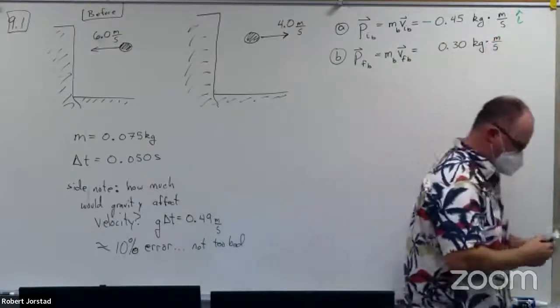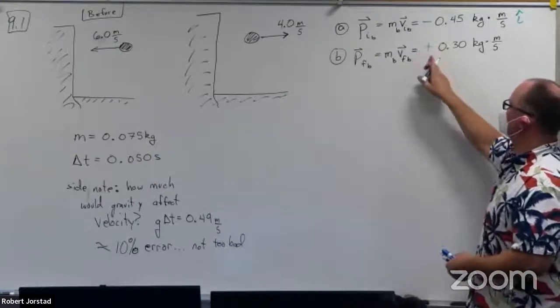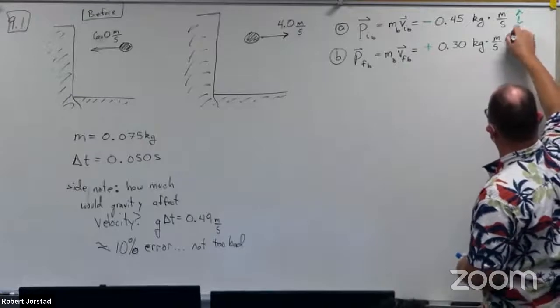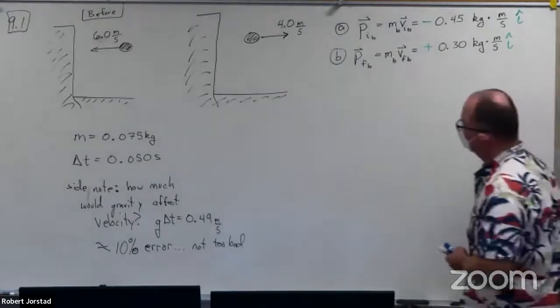What direction is this one? So I'm going to put in the plus sign. You don't have to, but I'm just going to do it to emphasize the direction there. Everybody cool with that? We usually put the plus or minus on the right end of the term and the i hat out at the back end.